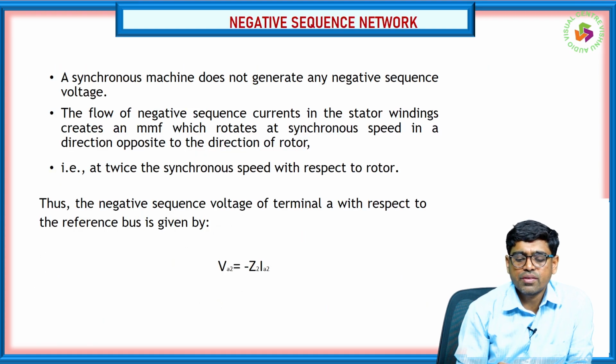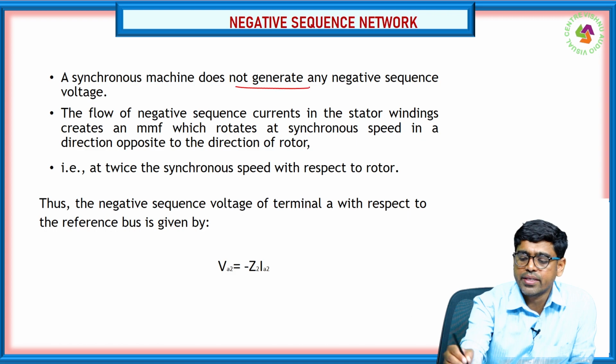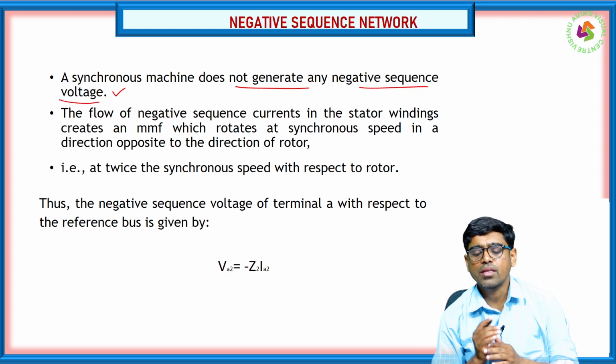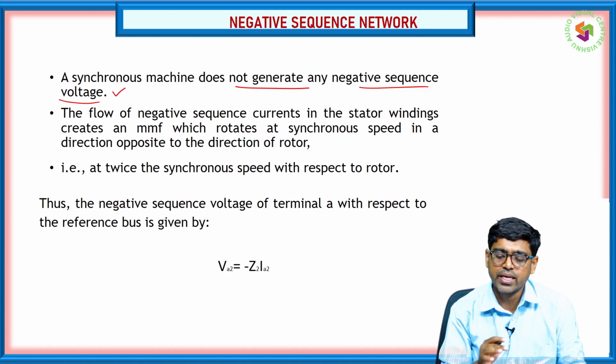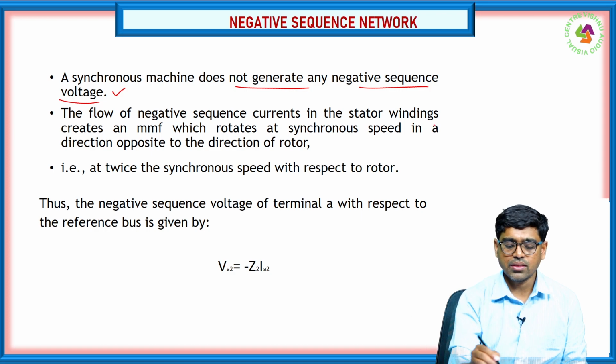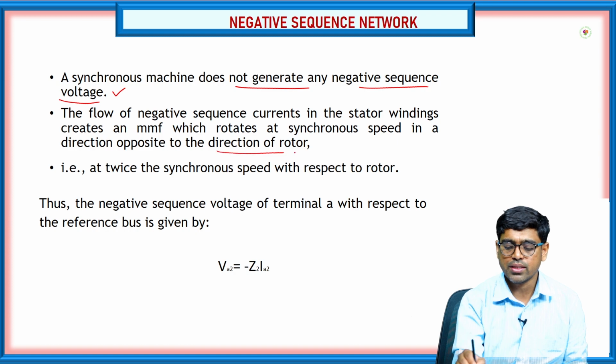Next, negative sequence network. A synchronous machine does not generate any negative sequence voltage. So the synchronous machine does not generate any voltage for the negative sequence component. The flow of negative sequence current in the stator winding creates an MMF which rotates at synchronous speed in a direction opposite to the direction of the rotor.